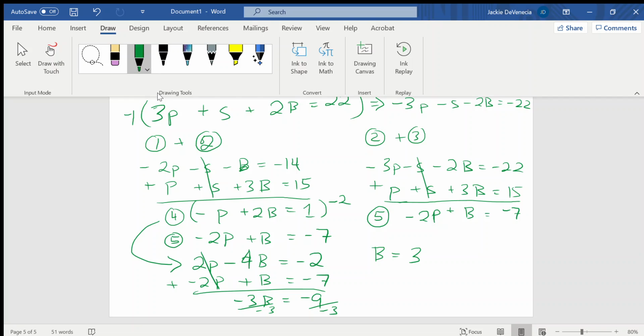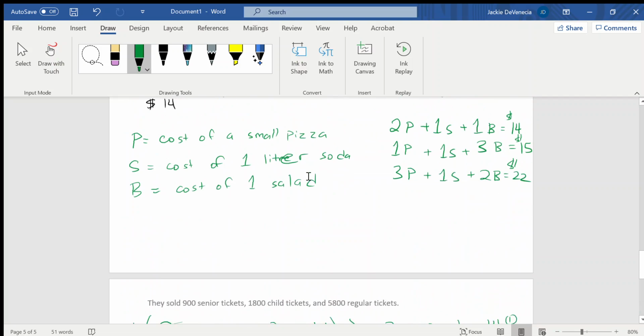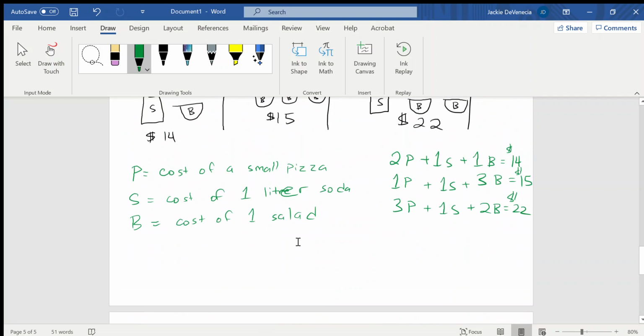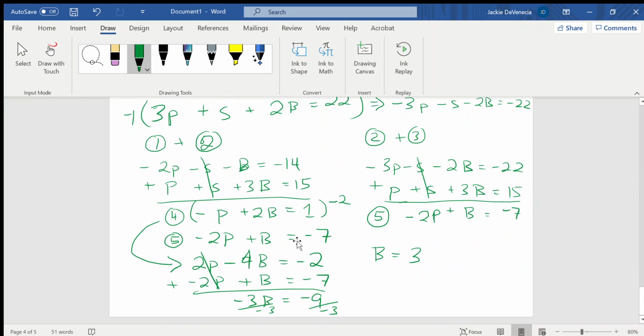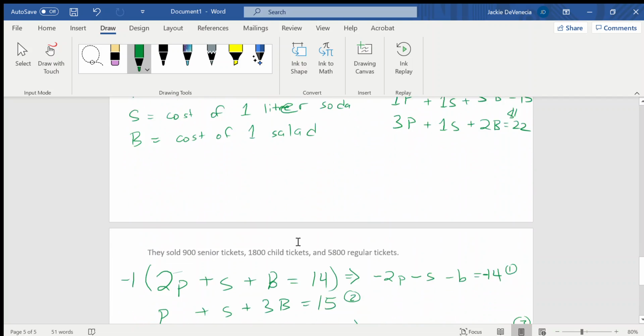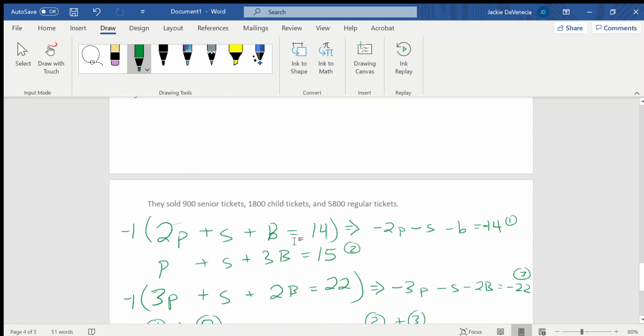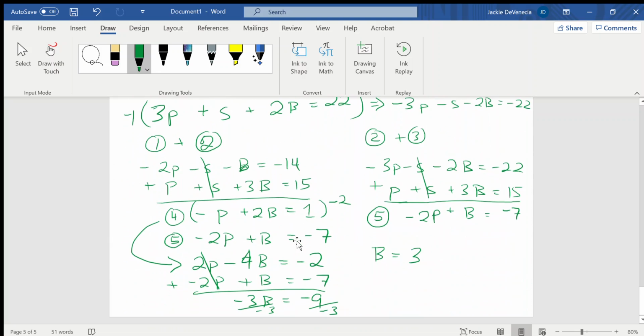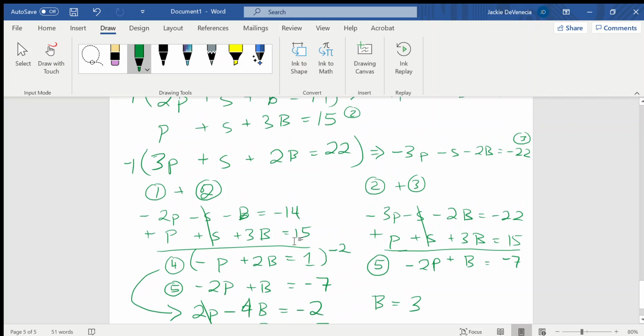So all of this, I was able to go ahead and find one of my variables from this equation. So here, according to this, one salad bowl costs $3.